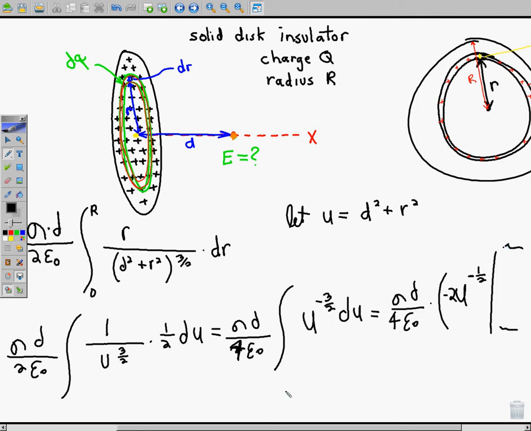So then this is going to be sigma d over 4 epsilon 0 times negative 2 times d squared plus r squared to the negative 1/2.